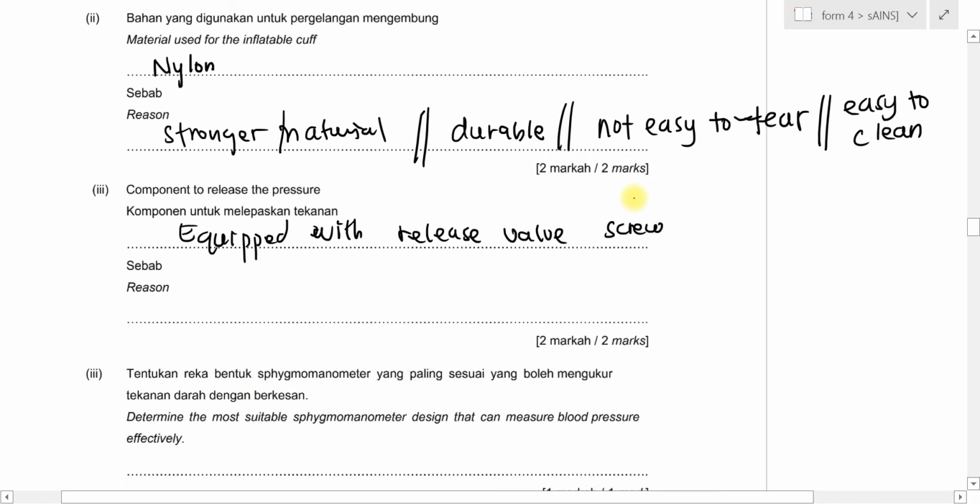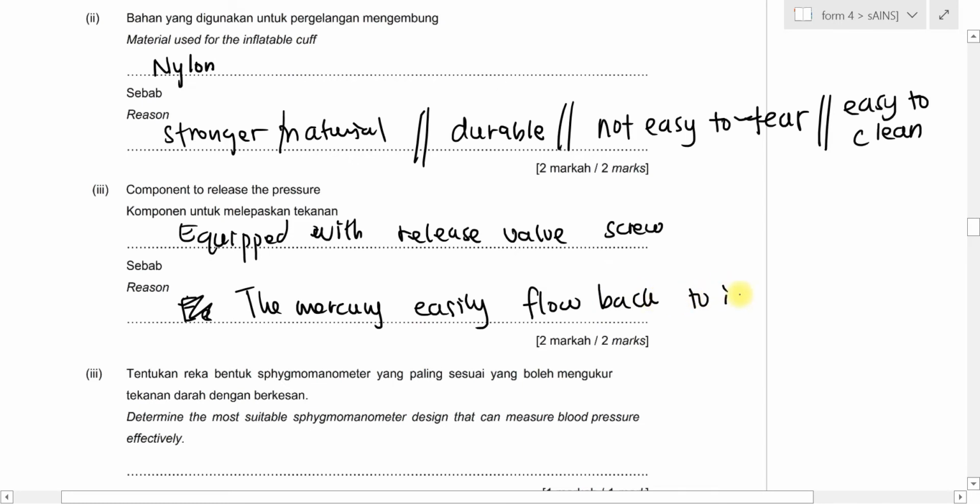Just one push, and it comes back to original. Whatever the mercury rises up to measure the blood pressure, after you press the release valve, it will return to its normal condition. So the reason is the mercury easily flows back to its original position.